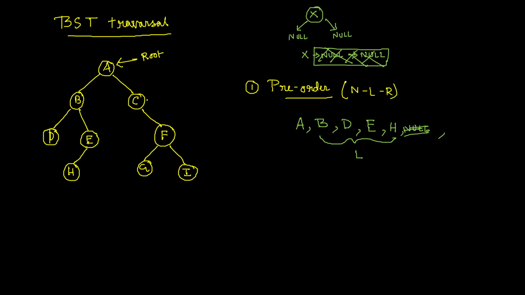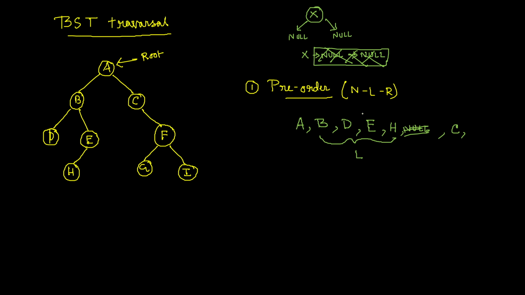Yes, C should be printed first because when I jump to the right, this C becomes my node, which is the root, basically representing the present root. So presently if C is root, then obviously C can be considered as the node and I can print C. And then C doesn't have any left child.